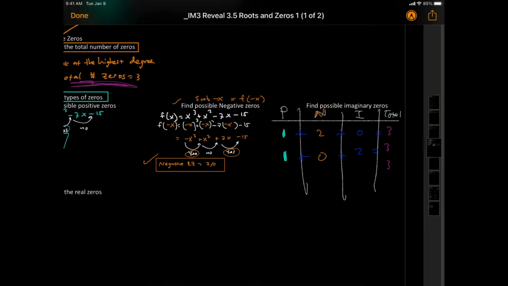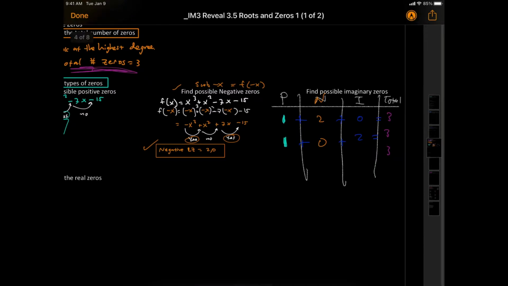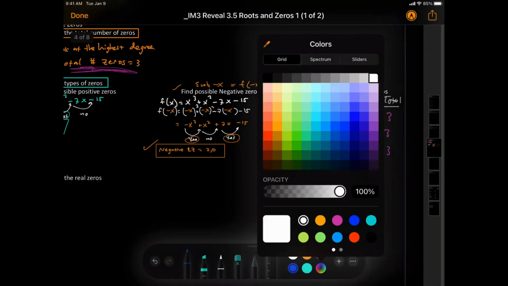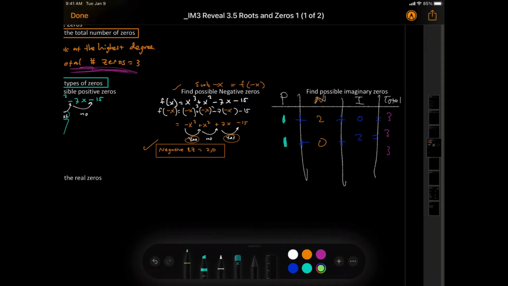Now, I accidentally did another one, but I just want to show you why this one does not work. If you have 0 positives plus 0 negatives, that means this would have to be 3, right? But remember we took notes?